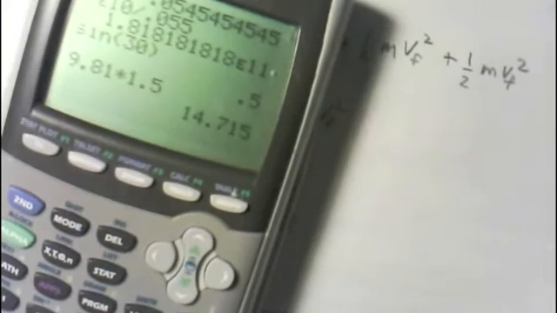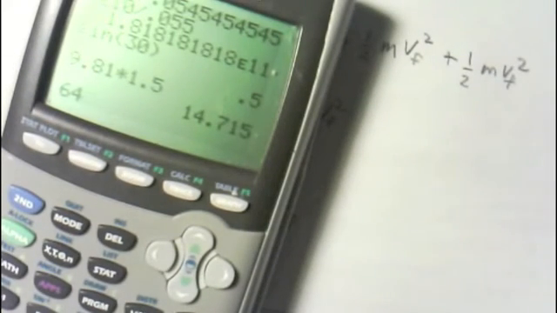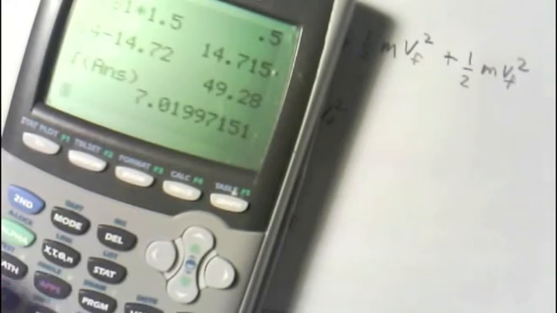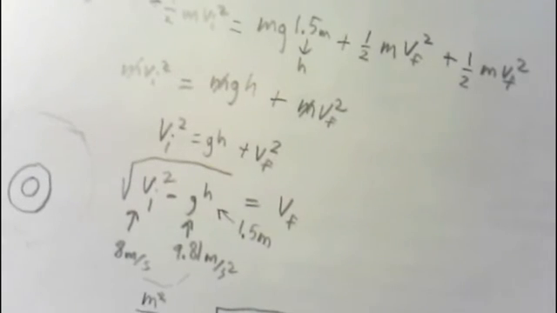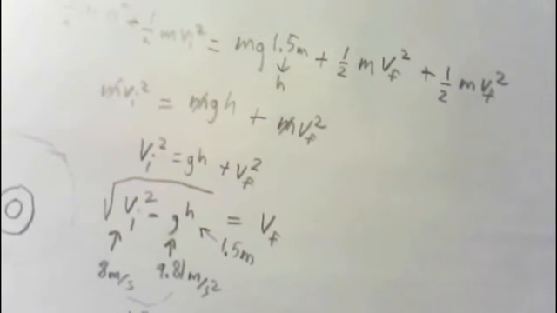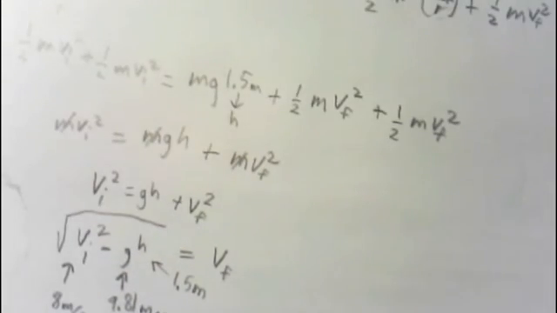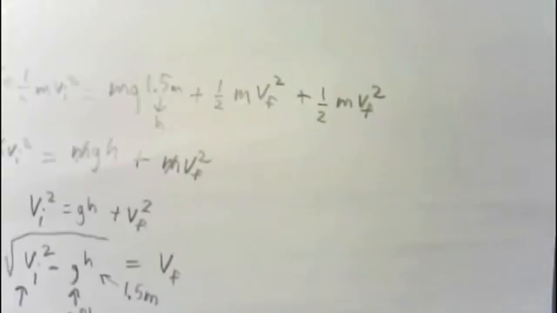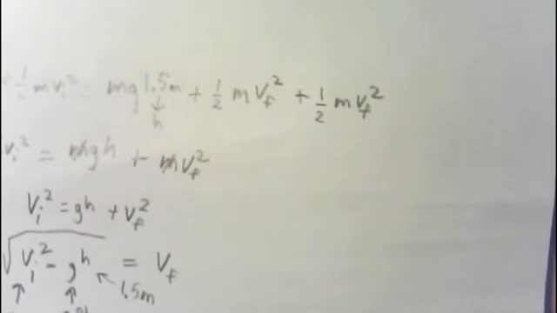We'll square root that, and we'll have that our final velocity is still 7.0 meters per second. Our problem only gives us room to use one significant figure, so I'm going to change that to 7 meters per second.